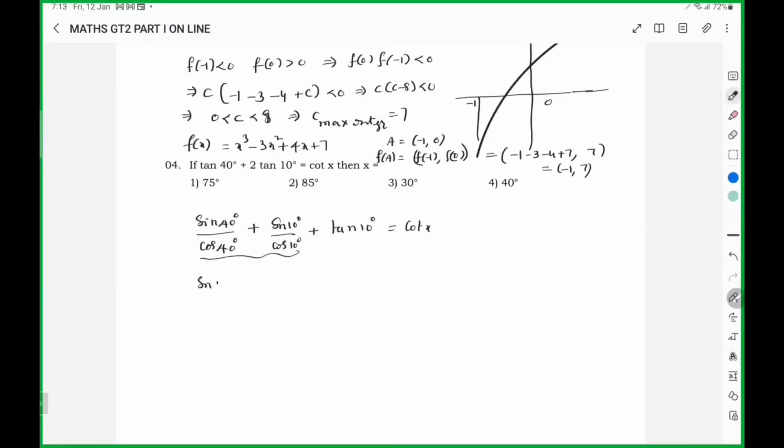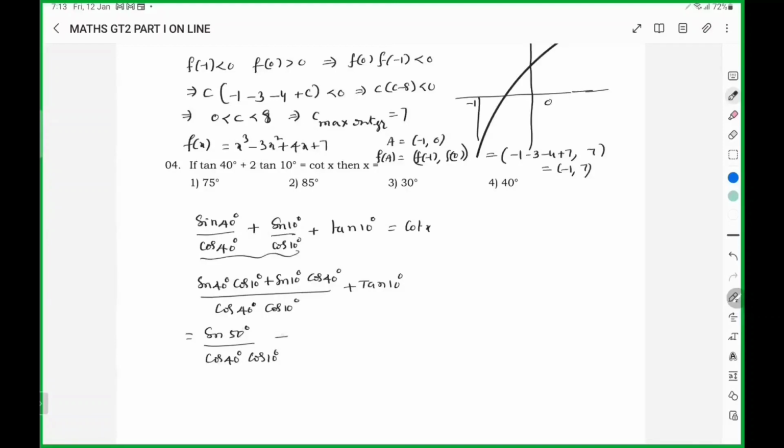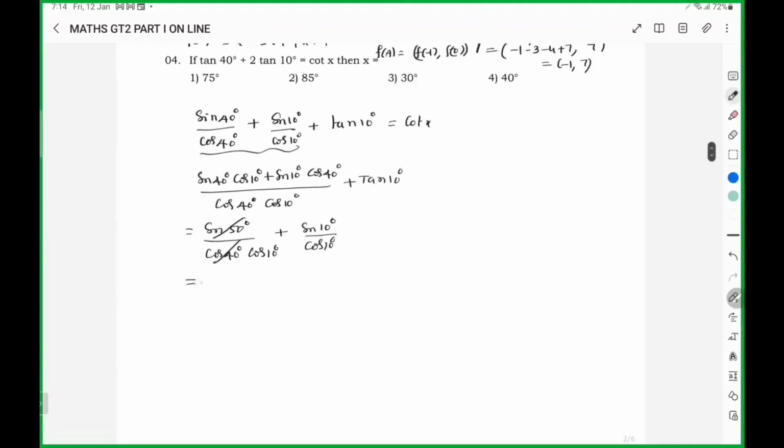If I find the LCM, sine 10 cos 40 plus cos 10 sin 40 by cos 40 cos 10, which is sin A cos B plus cos A sin B. Then cos 40 is the same as sin 50, sin 10 is cos 80, and cos 10 is cos 80.